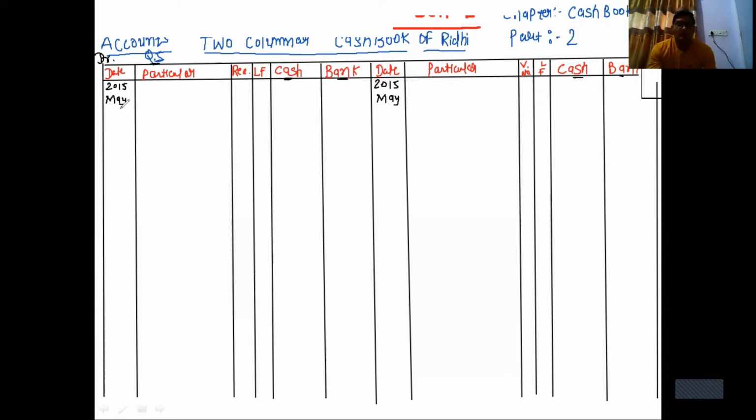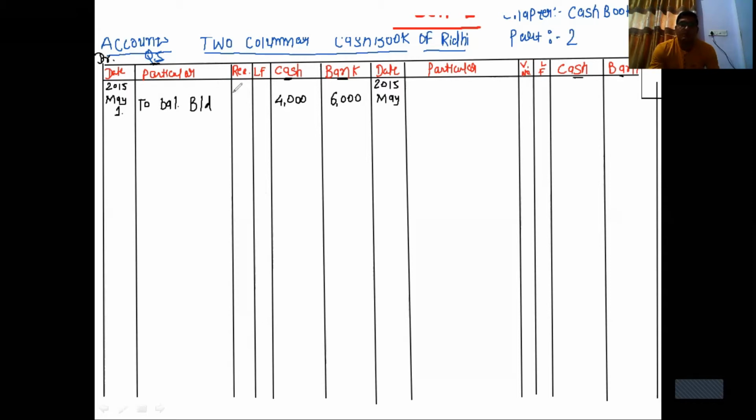So we have to write down on the debit side number 1, to balance brought down, and in the cash column the amount is 4,000, in the bank column the amount is 6,000. Okay, it is the opening balance which they have provided in the question.